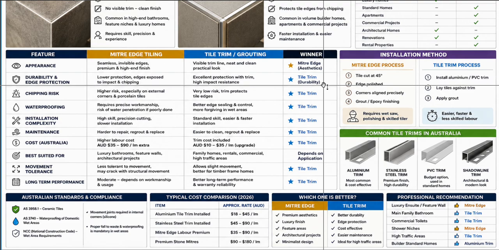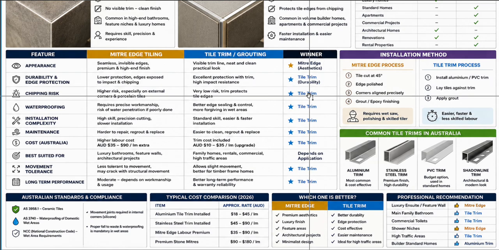But if you do the tiling with tile trim or something else like grouting, and you want durability in your home, then that should be considered as tile trim, because mitred edge is not a durable product.